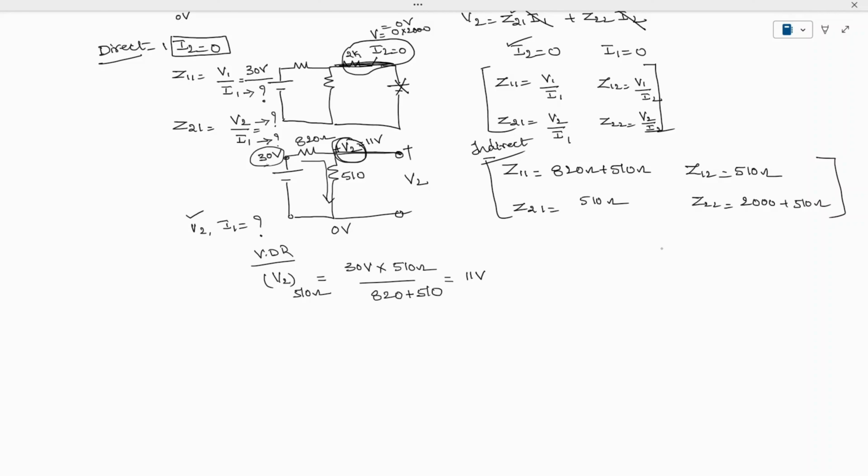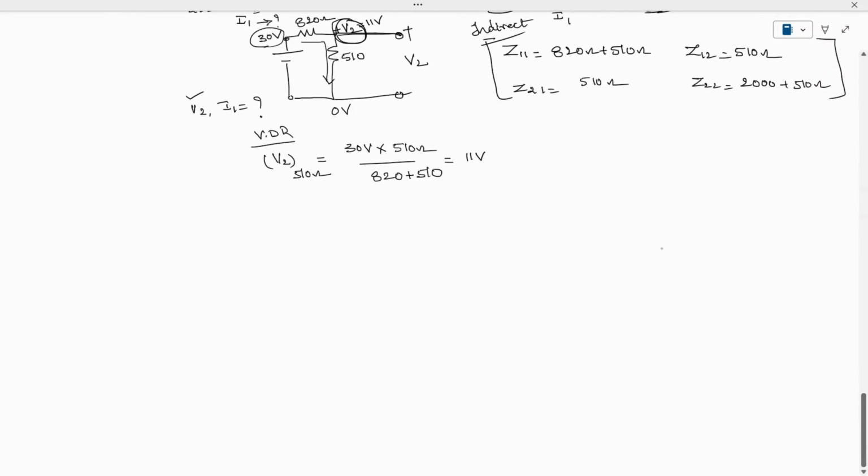Now we need to get the value of I1, which is very simple. This is the source, this is the 820 ohm, and this is the 510 ohm. After solving, we obtained V2 as 11 volts.